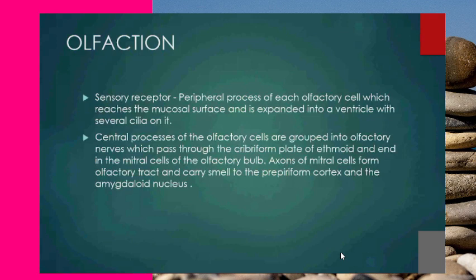The central processes of the olfactory cells are grouped into olfactory nerves, which pass through the cribriform plate of the ethmoid bone. And where does it end? It ends in the olfactory bulbs, particularly at the mitral cells. From the axons of the mitral cells, they form the olfactory tract, and they carry the smell to the prepiriform cortex and the amygdaloid nucleus.